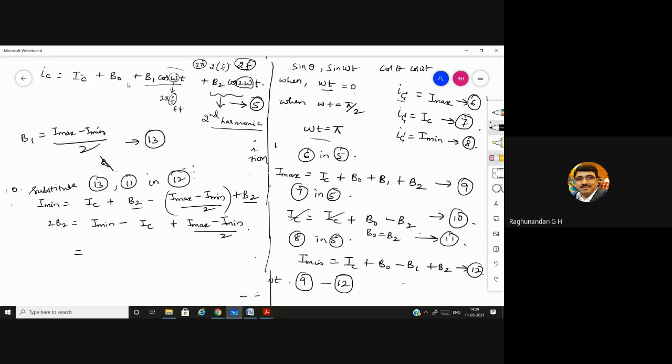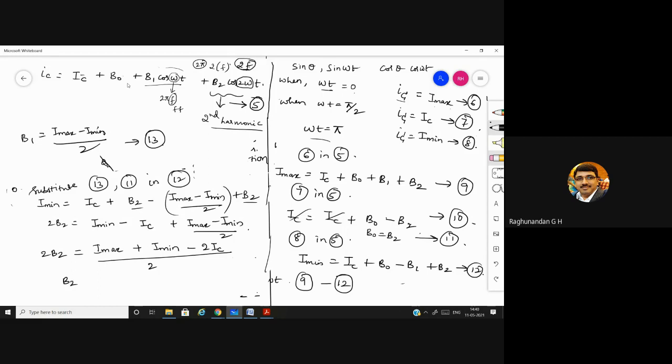Now if you take the LCM and simplify it, you'll be getting Imax plus Imin minus 2IC divided by 2. On the other side we are having 2B2.